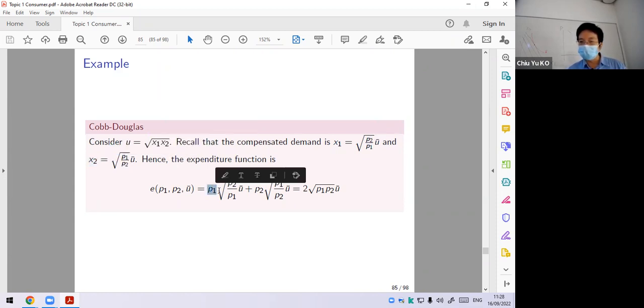It's just P1 times the Hicksian demand plus P2 times the Hicksian demand. So that's it. After the break, we will go to the Slutsky equation and consider welfare, and then we can go to the firm. So let's have a break of 10 minutes.